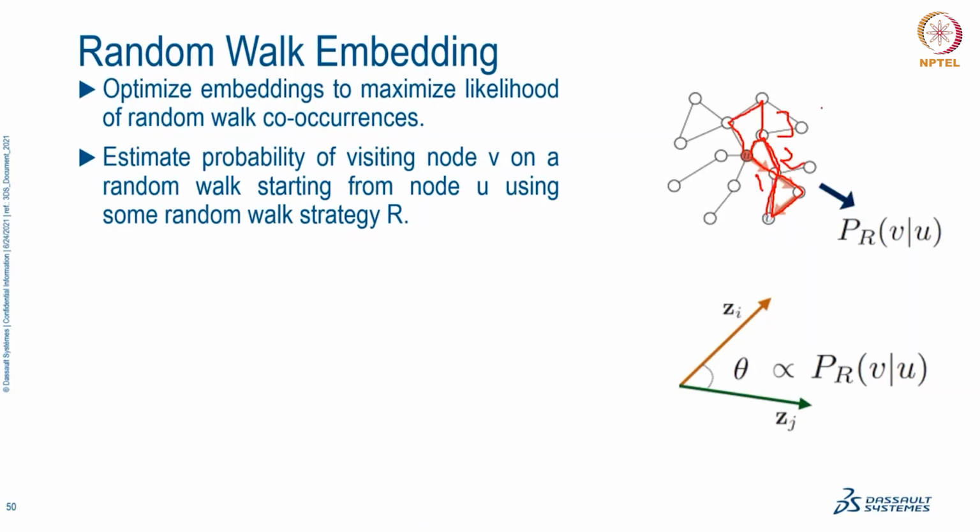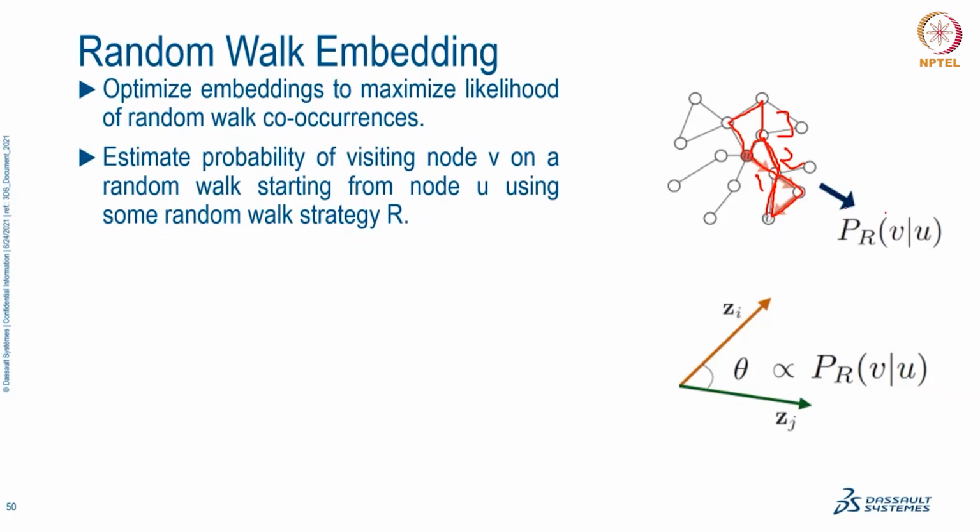Similarly, we take random walks, and the number of random walks is again a hyperparameter. We take random walks from the U node, and we calculate the probability of how many times I have reached the V node by just going randomly from one node to another.